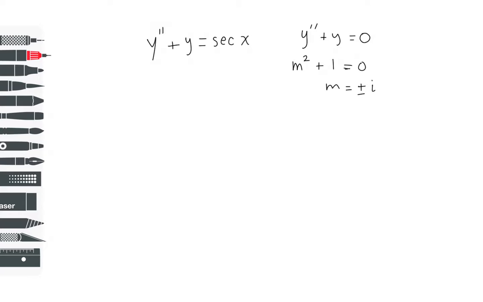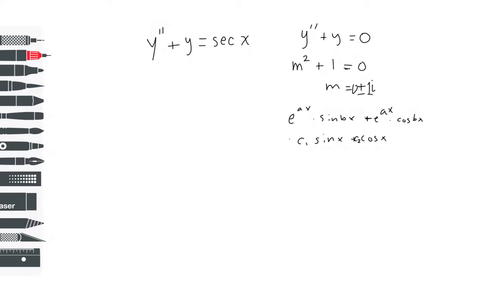Therefore, the solution would look like e to the ax times sine bx plus e to the ax times cosine bx. The b is 1 and a is 0. Once you plug that in, you get sine of x plus cosine x, with c1 here and c2 here.